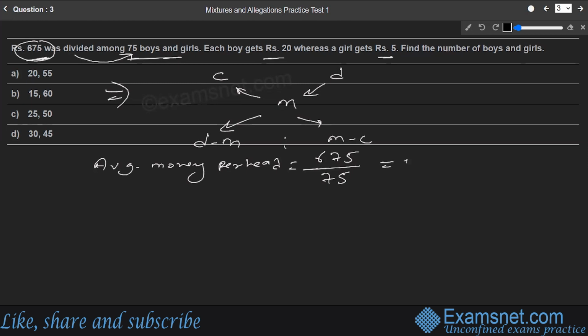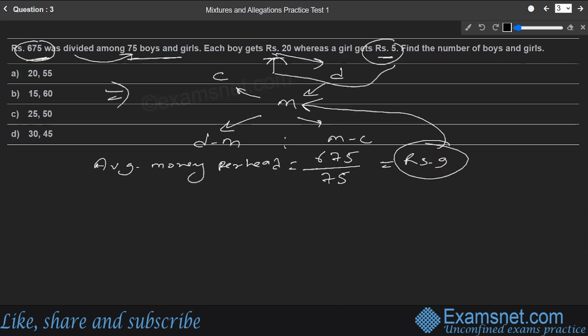So the average money given to each boy and girl is rupees 9. That average can be treated as the mean price of the two values. What are the two values? Boy gets 20, so that can be treated as the dearer part, and girl gets rupees 5, so that can be treated as the cheaper part.